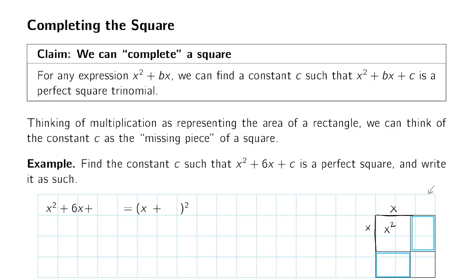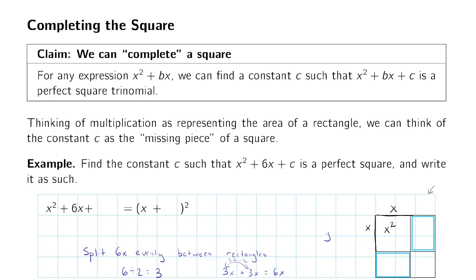So what I'm going to do is split my 6x evenly between the rectangles. So I'm going to say, well, 6 divided by 2 is 3. In other words, 3x plus another 3x is 6x. And I chose 3 and 3 specifically because they're the same.